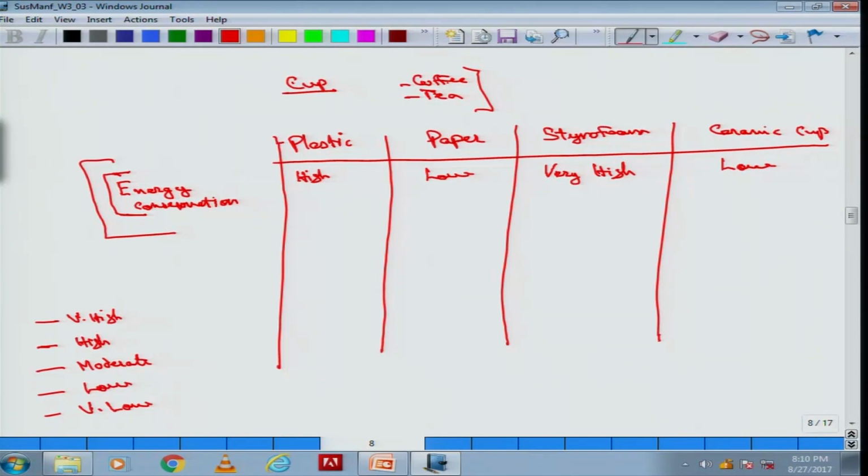So, next is waste conservation, right. In the case of foam styrofoam, it is high. In the case of china glass, because it is not disposable, I will say very low.